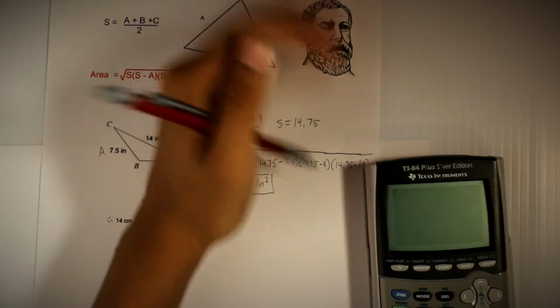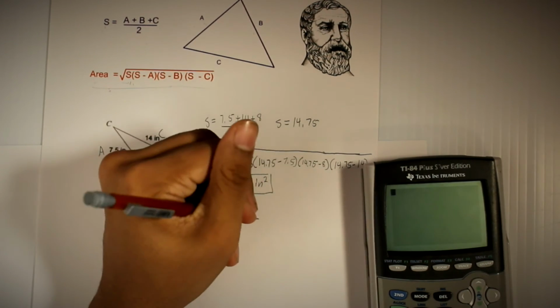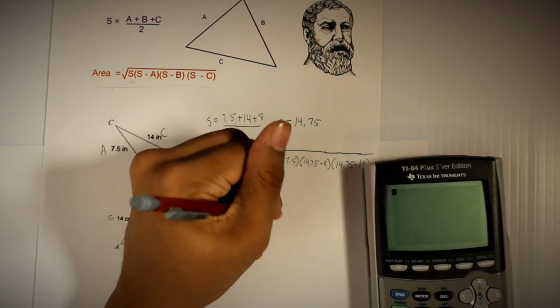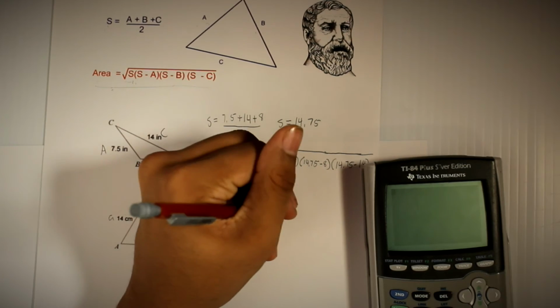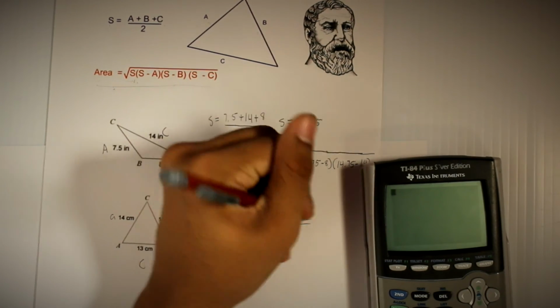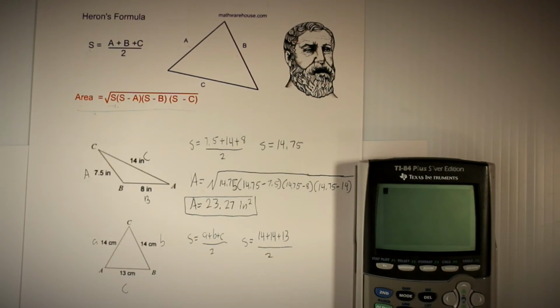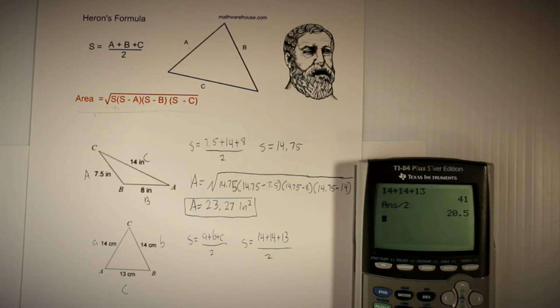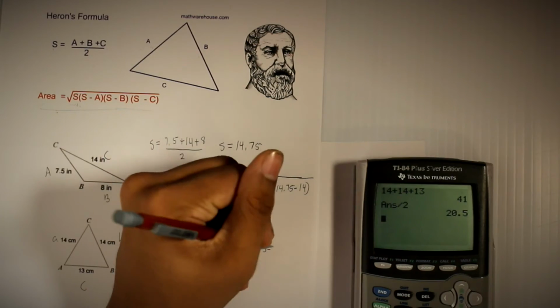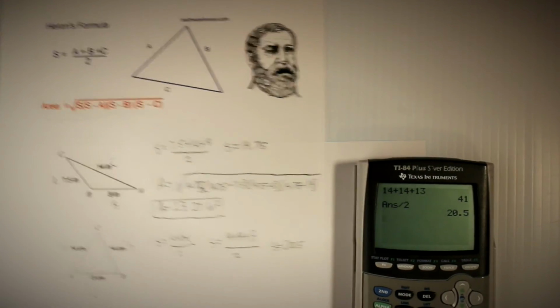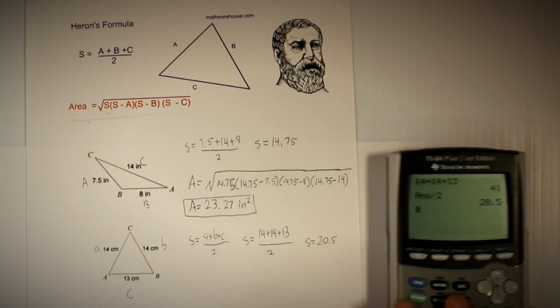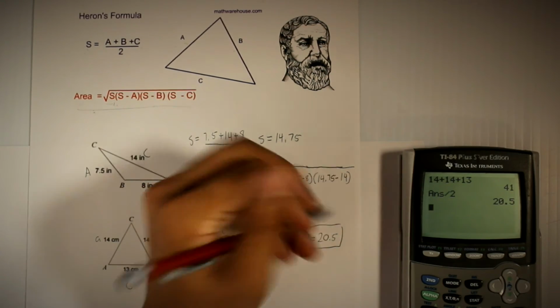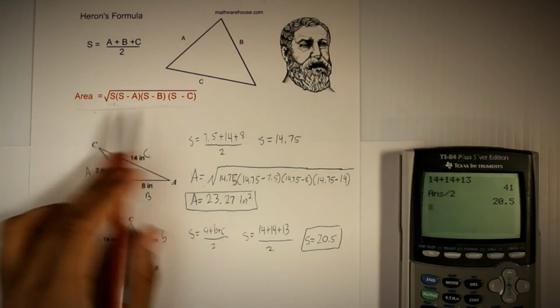S equals 14 plus 14 plus 13 divided by 2. Plugging that in my calculator, S equals 20.5.